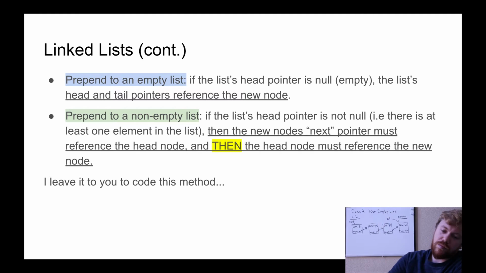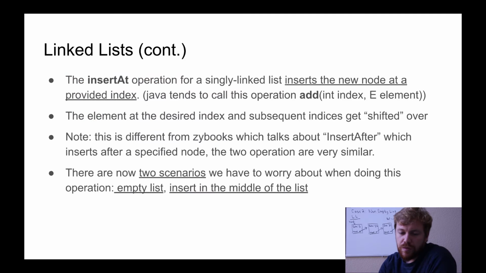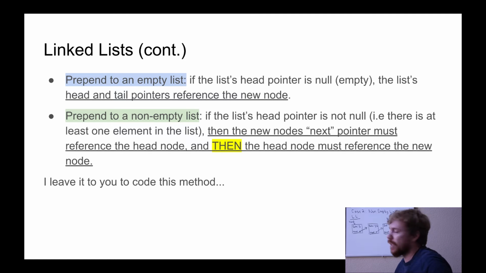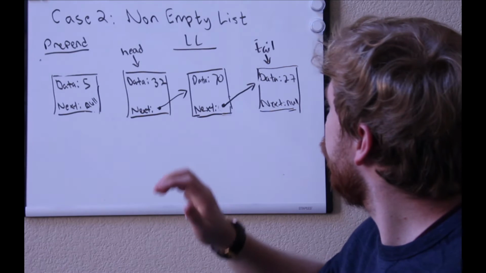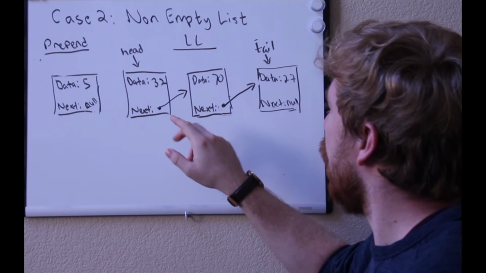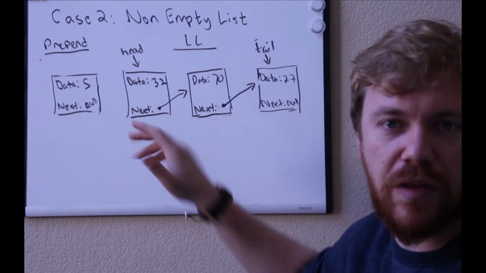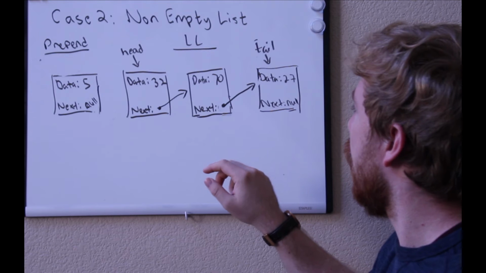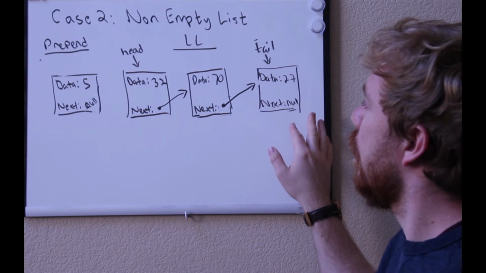So I'll leave the code for this method to you, but I'll go ahead and run through an example. I'm not going to do the prepend to an empty list, because this example is the exact same as for the append, but I will do the prepending to a non-empty list. And so what you can see what I've done here, right, is I'm just using the last example's nodes to save time.